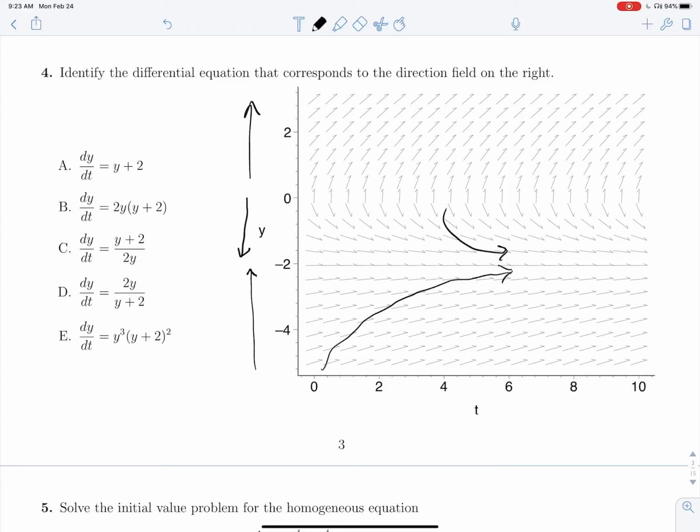And I'm not going to walk you through all of the terrible guessing and checking, but there is a lot of guessing and looking through all these options to see that we get this behavior. But if we take a look at option C, we'll see that for y equal to -1, we are going to get negative 1 plus 2 over negative 2.